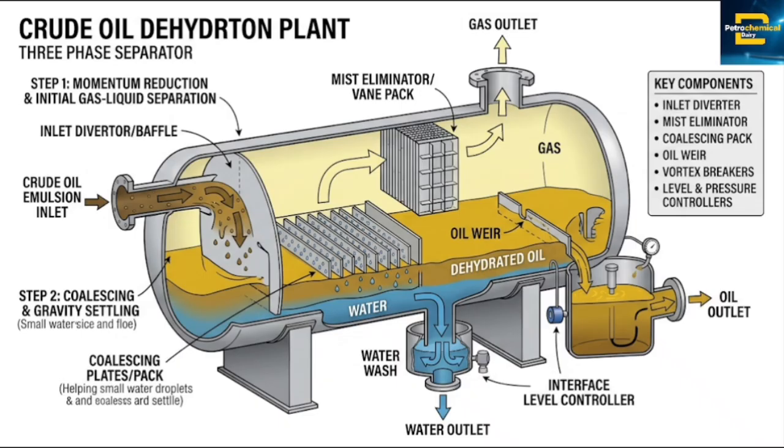The pressure controller, or the gas outlet, maintains vessel pressure so that gas does not backflow and separation stays stable. So that is the work of the level controller and the pressure controller.